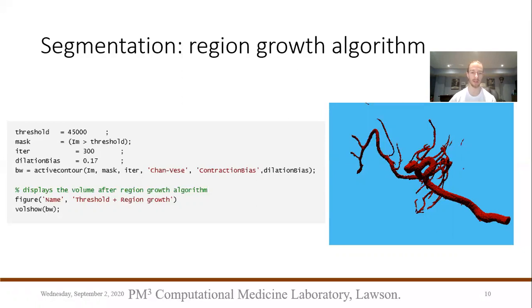I'm using the Chan-Vese algorithm for region growth. There are a couple other ones that are available, but I found this one to work the best. I'm running it for 300 iterations. Basically, this is how many iterations it goes through in the region growth process. I found 300 to work for this.